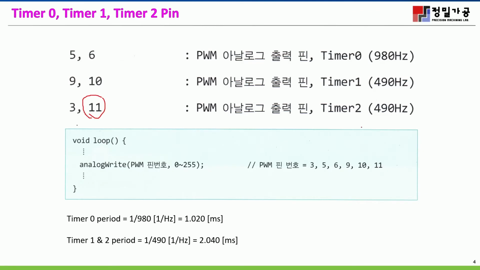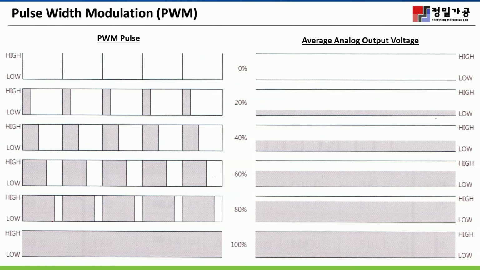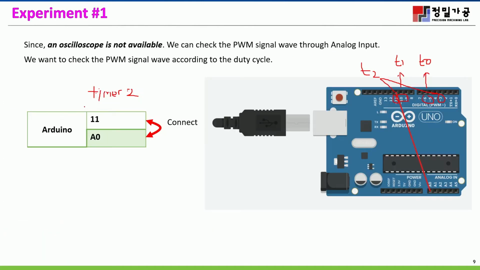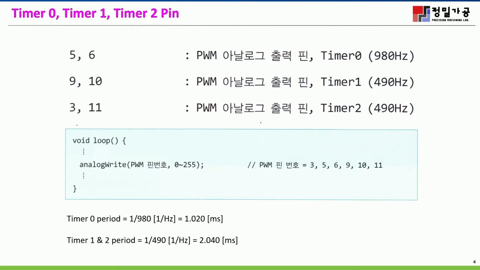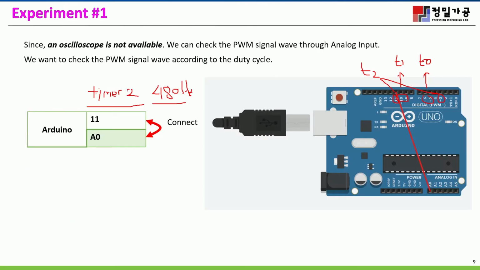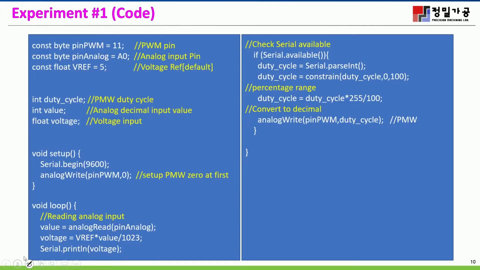Yes, pin 11 is timer 2. We use timer 2 with a frequency of about 490 hertz. Anyway, you just connect it and just see the code.